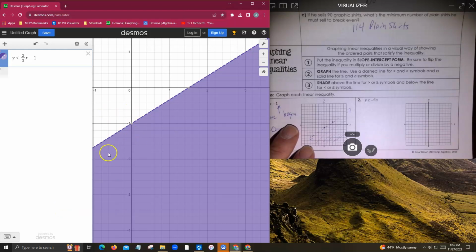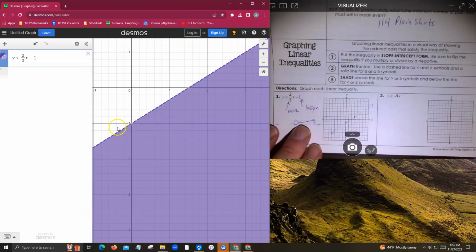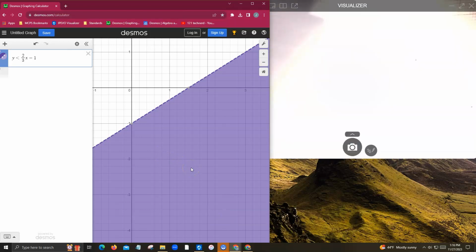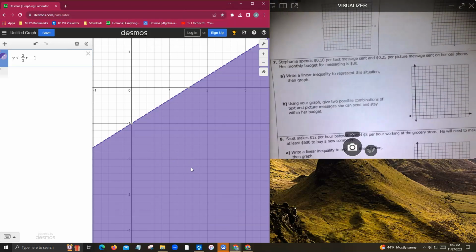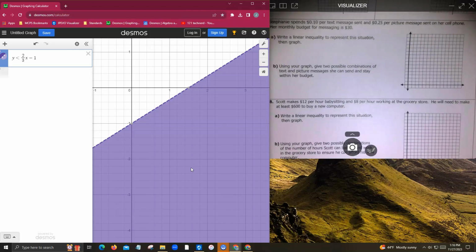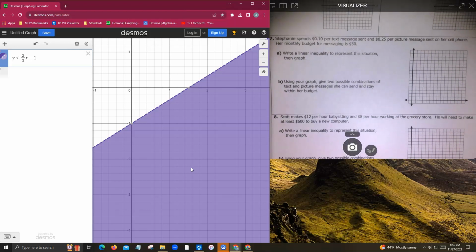Now, to me, graphing the line is easier to do by hand than use Desmos, but you can do it if you want. To me, it's easier just to plot the line, put it in Desmos, look at how it's dashed and shaded, and go from there. But that's how you're going to do a lot of these other problems. I'm going to go and do some more of these word problems, so we can get used to that.